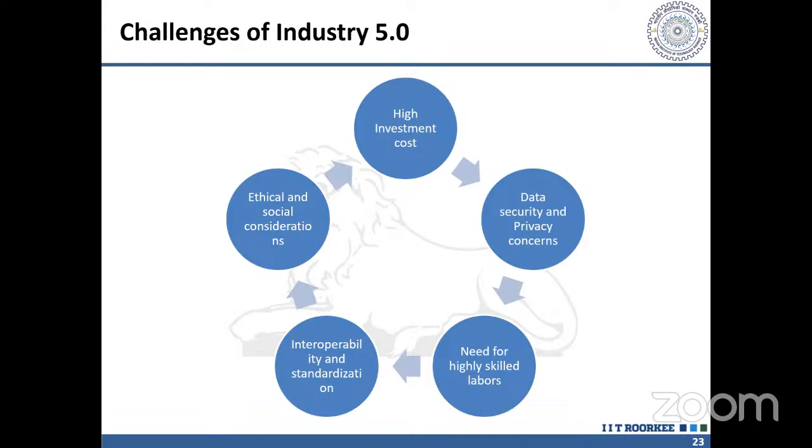For example, if you are implementing Industry 5.0 in a factory, the setting may require retrofitting of existing equipment or purchasing new equipment with the necessary sensors and AI capabilities. Suppose in my case, we are developing drones, so if we are increasing the payload sensors on our drones, each sensor costs around 2 to 3 lakhs.